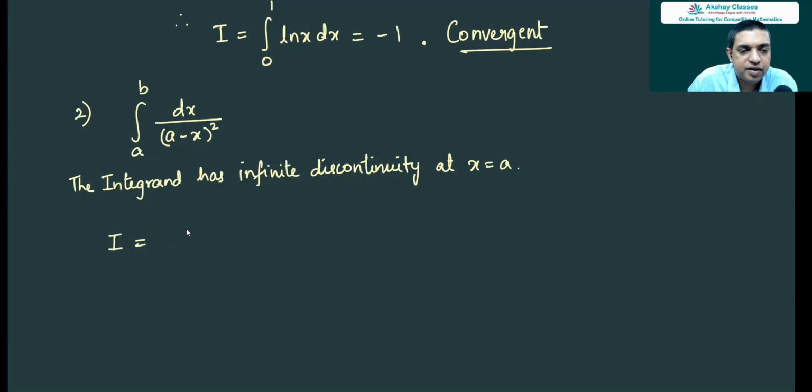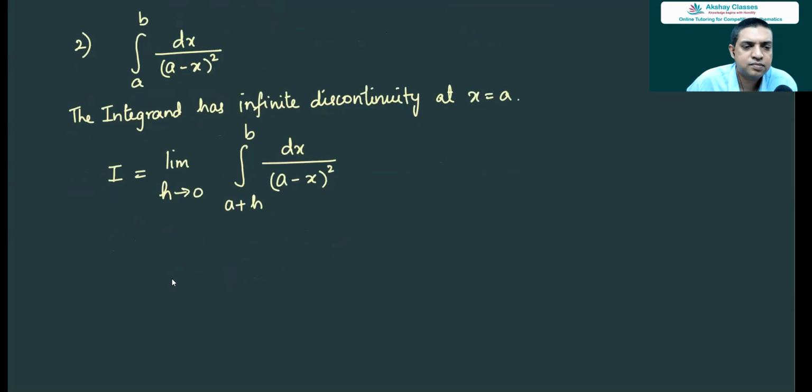We will write it as limit h tending to 0 of integral a plus h to b dx upon (a minus x) the whole square. When we integrate this, we get minus 1 upon (a minus x) divided by the coefficient of x, that is minus 1, so this becomes plus.